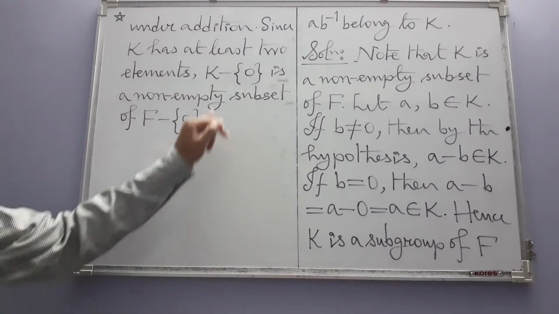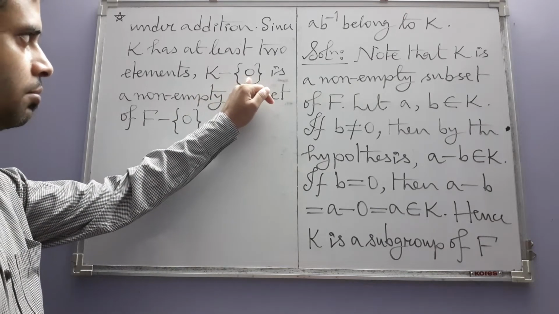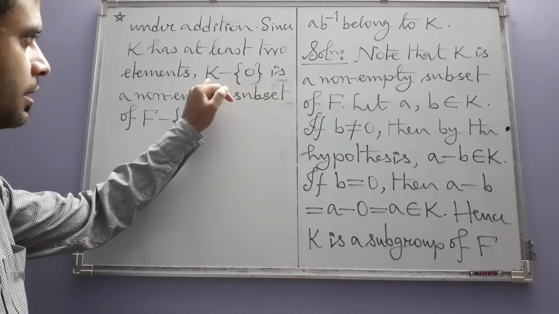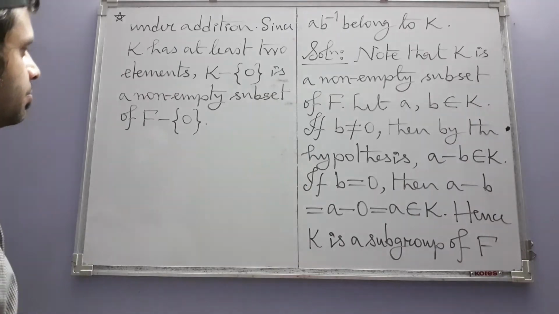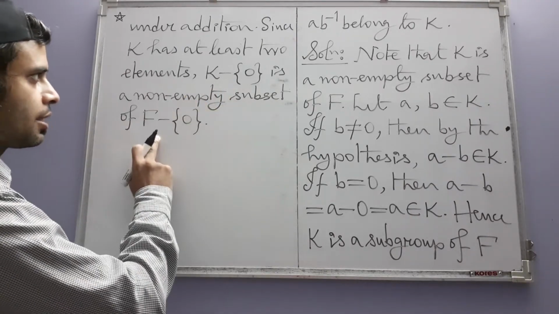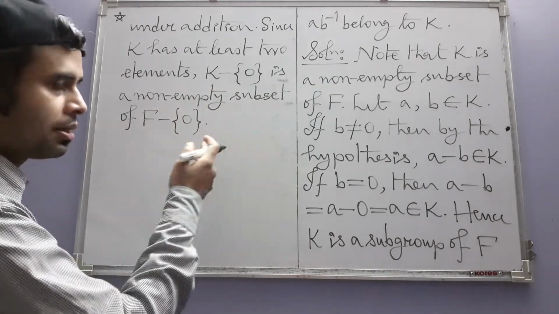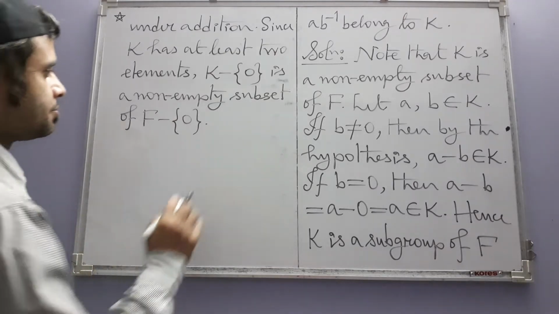That is because even on removal of 0, there is still something else in K, because it has at least 2, and this of course is a subset of that, so it becomes a non-empty subset.